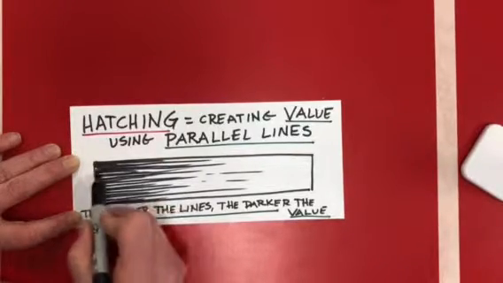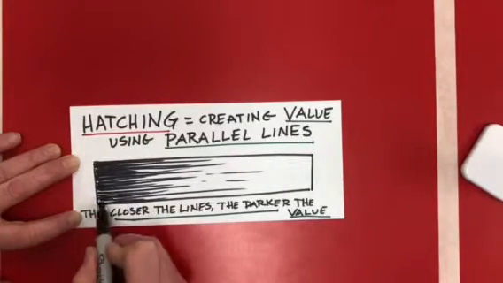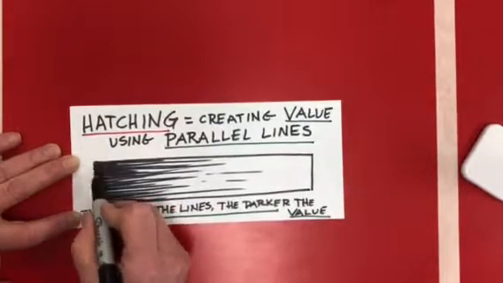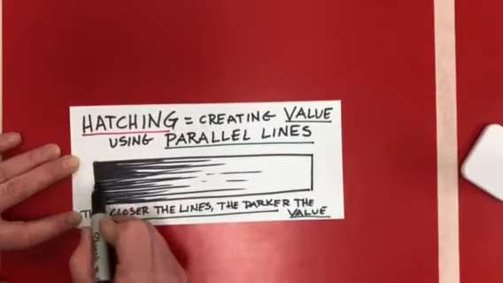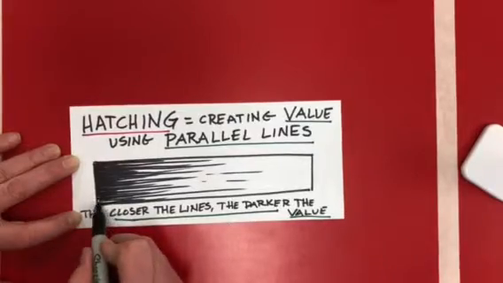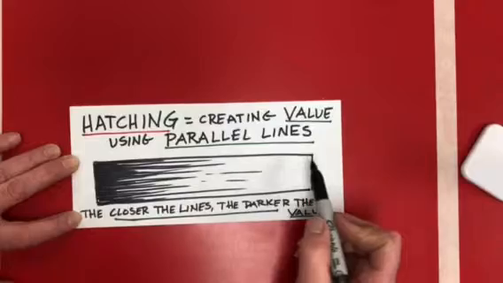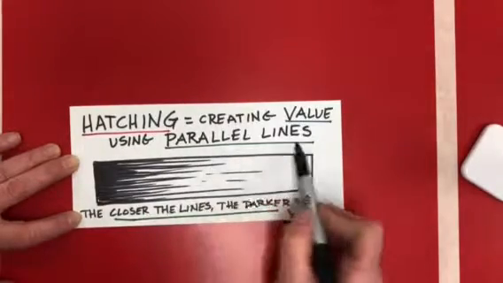The closer my marks get, the more I'm eliminating the whiteness of the paper. So I'm not coloring it solid. I'm just making my marks get closer and closer together. I'm just using simple, straight, horizontal hatch marks. Hatching, again, is parallel lines.